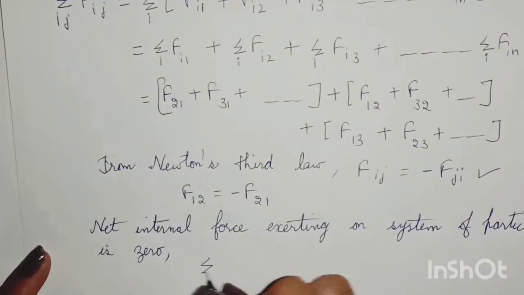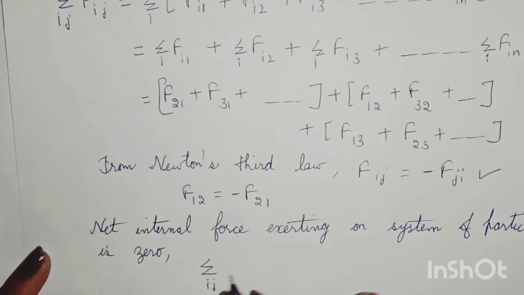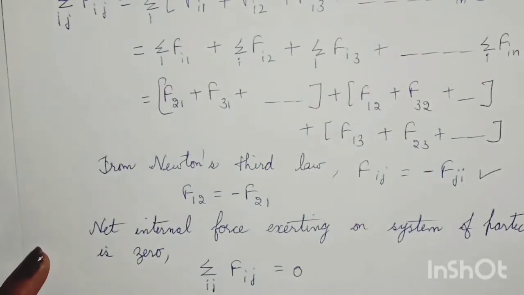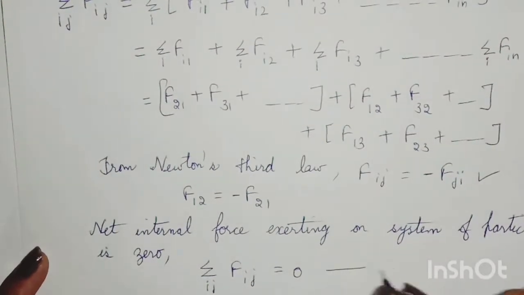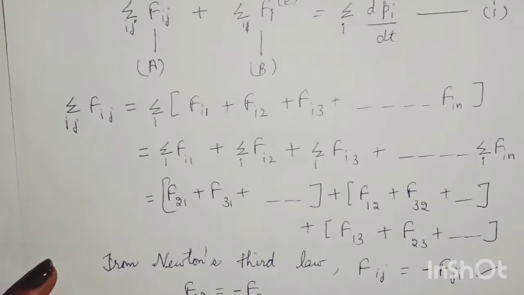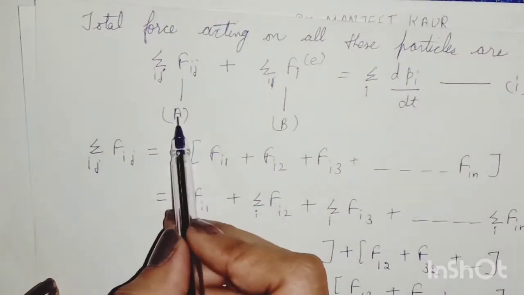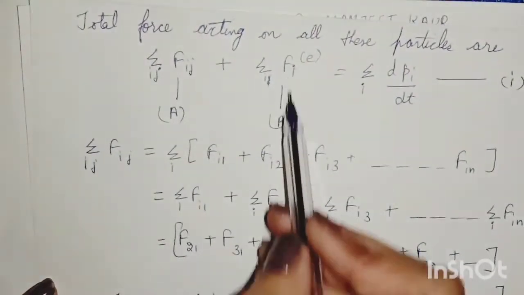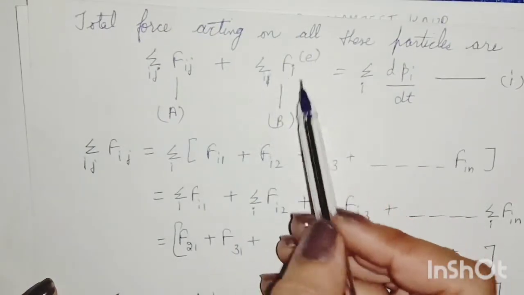Thus we get summation over i, j of Fij is equal to 0, which is our equation number 2. So we put this equation here and we get the F internal force. Now we find the value of F external force.